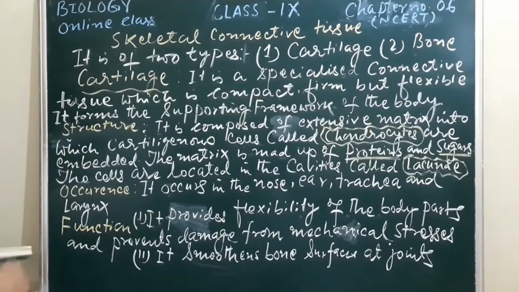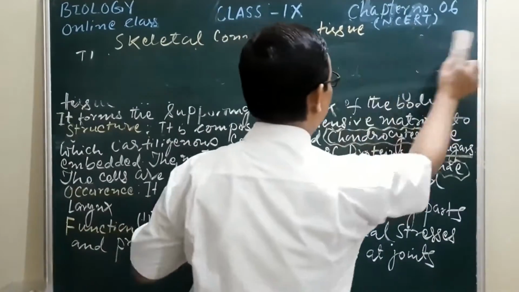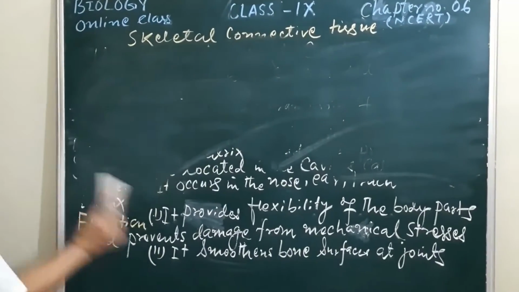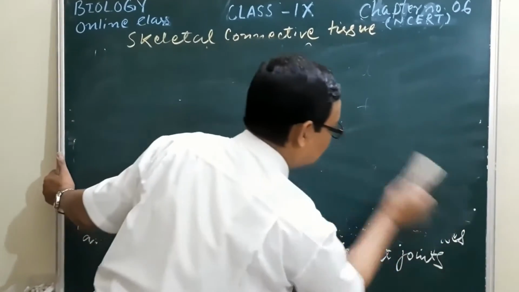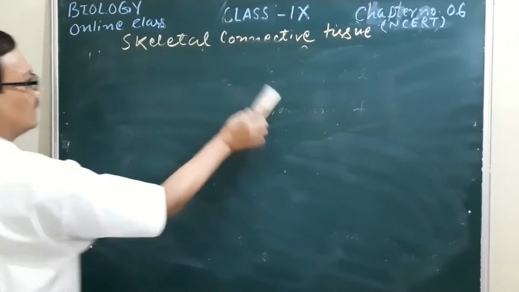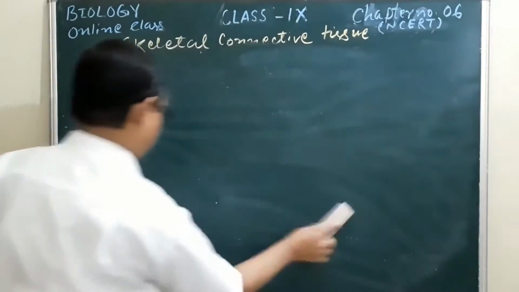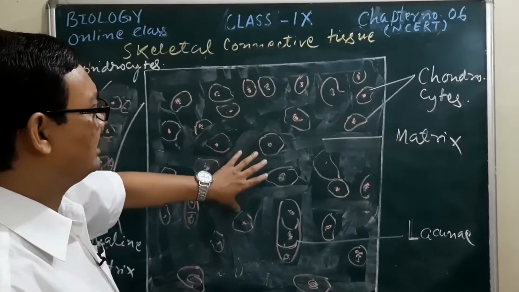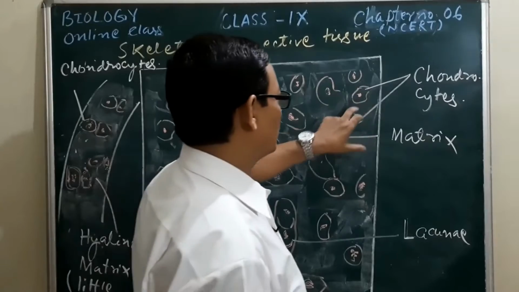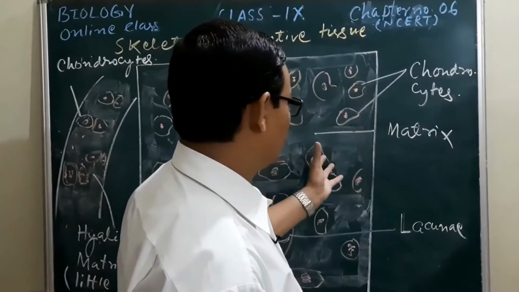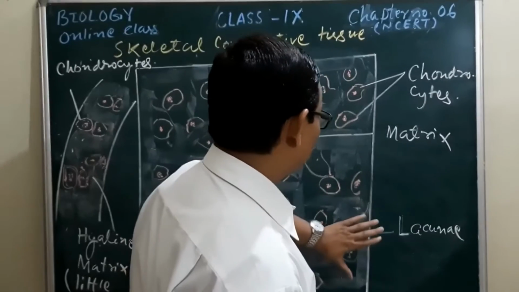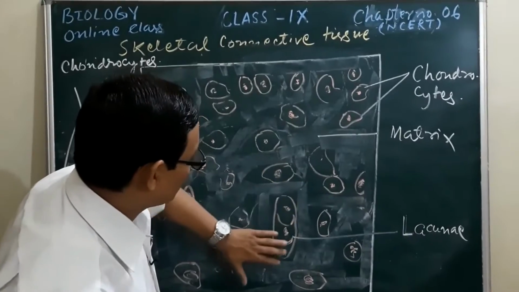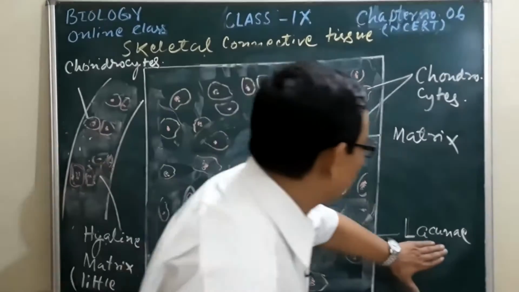May you look at the diagram and see clearly the cavities which are known as the lacunae and the other parts. Diagram of cartilaginous tissue: here the chondrocytes, which are the cells of this tissue, the matrix where the cells are embedded, and the cells are enclosed within a cavity, that is the lacunae.